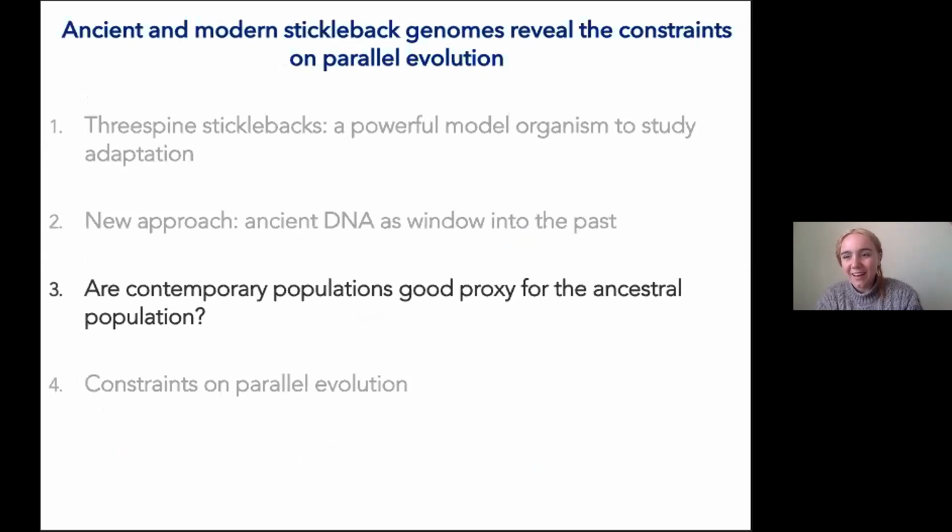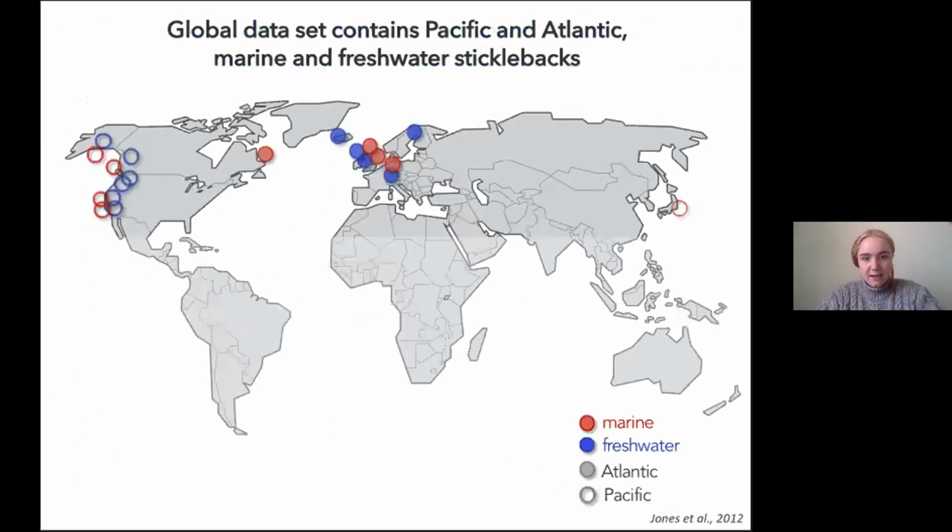So now I have shown you this approach, but what can we do with it? We actually want to use this window back into the past to learn whether contemporary populations are a good proxy for the ancestral populations. And for this, we looked at a global data set. So this includes Pacific and Atlantic sticklebacks and also marine and freshwater sticklebacks.